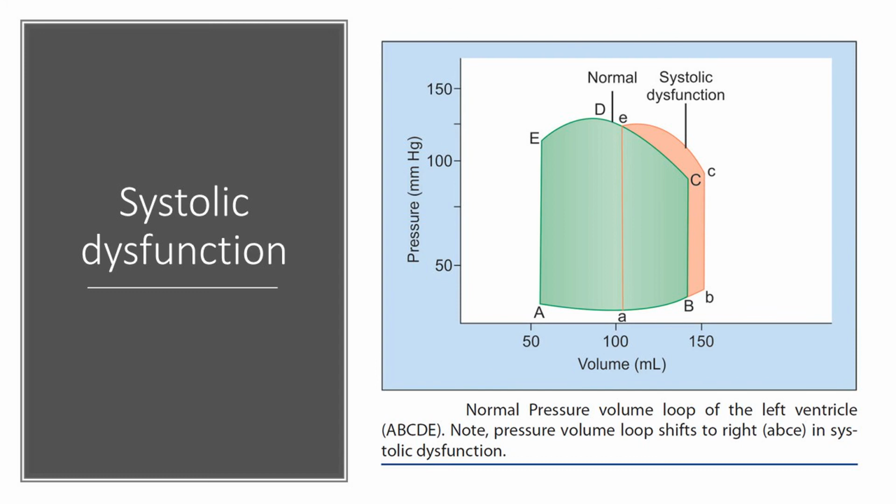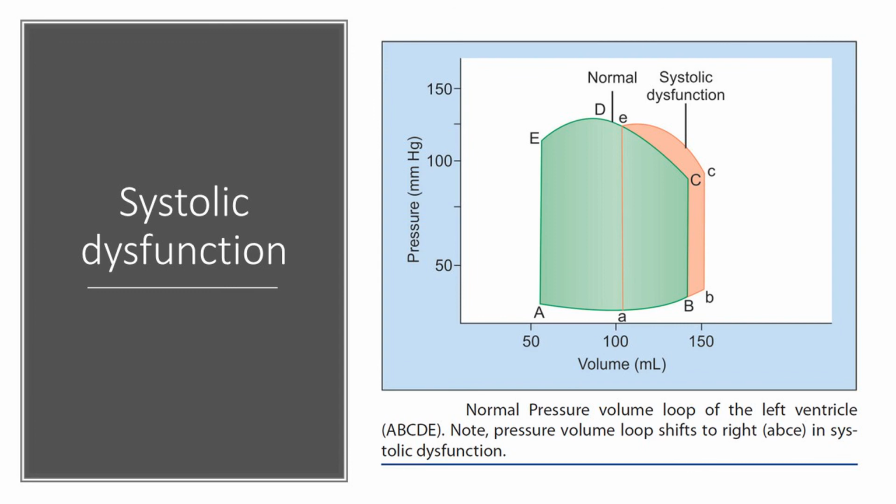In aortic regurgitation, because of the incomplete closure of the aortic valve, blood regurgitates from the aorta into the ventricle, which leads to an increase in the end diastolic volume. And again, because of the increase in the end diastolic volume as well as the volume overload, there is a decrease in the stroke volume.